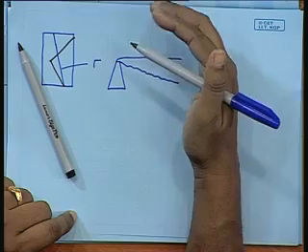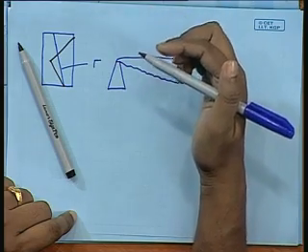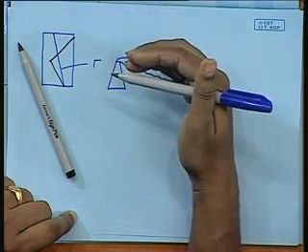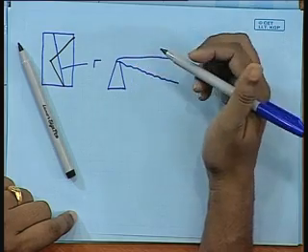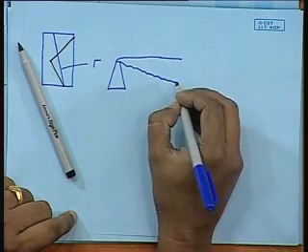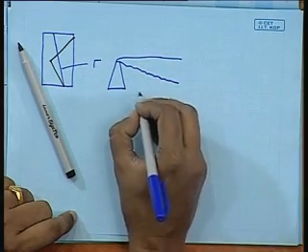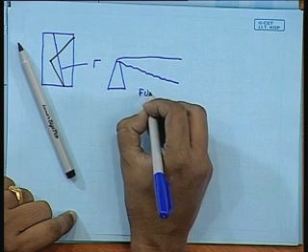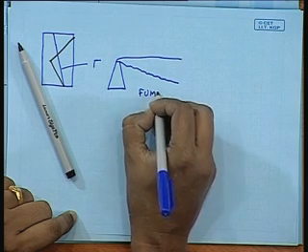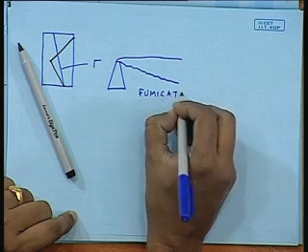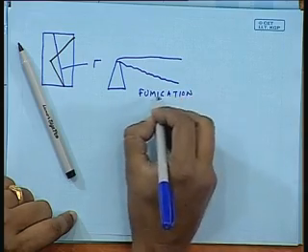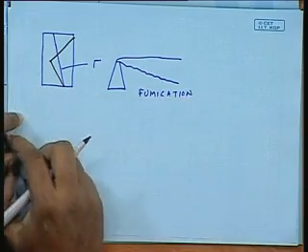So if it is denser, it will generally come down. This is the pattern in such a case. This pattern is known as fumigation.